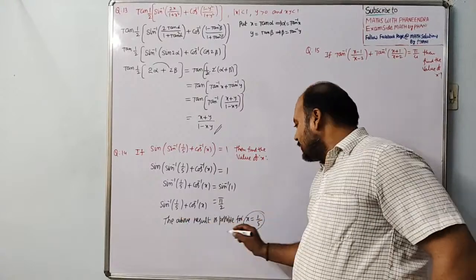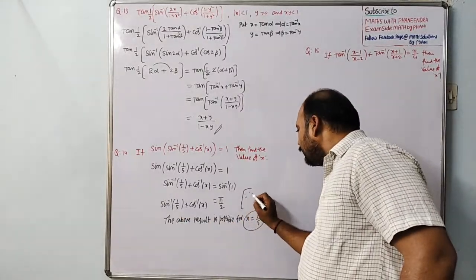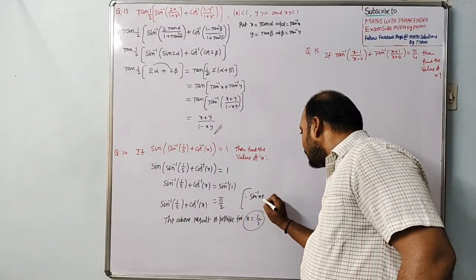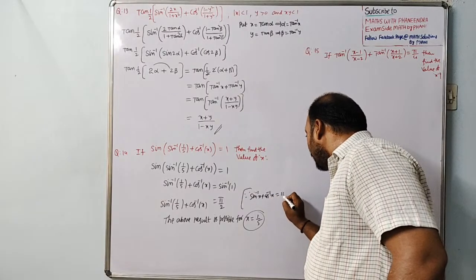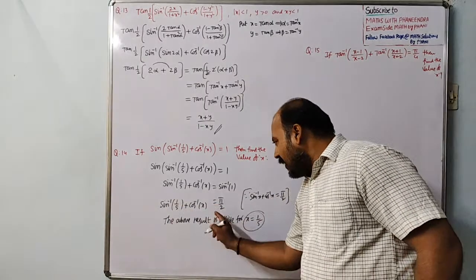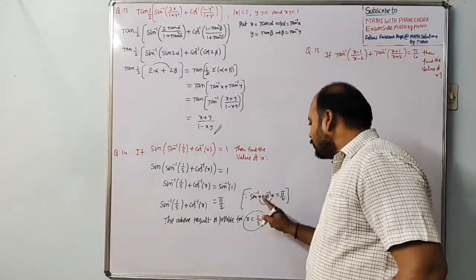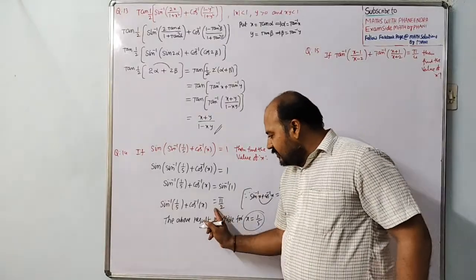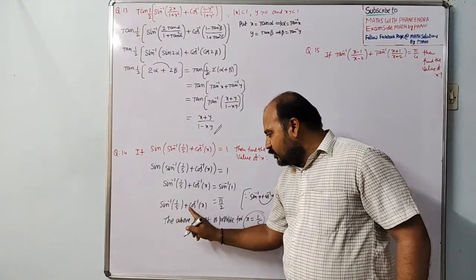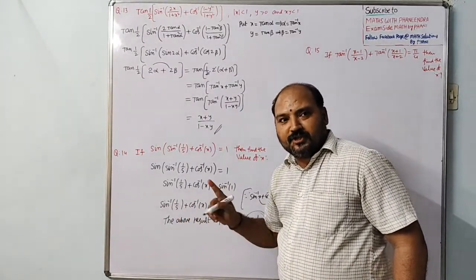So sine inverse x plus cos inverse x is pi by 2, no? Sine inverse x plus cos inverse x is equal to pi by 2. So the result is pi by 2 means x should be equal only, no? When both x values are equal, then the result holds. So this result is possible for x is equal to 1 by 5. I hope you understand, students.